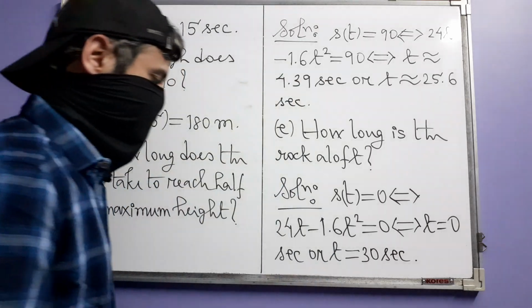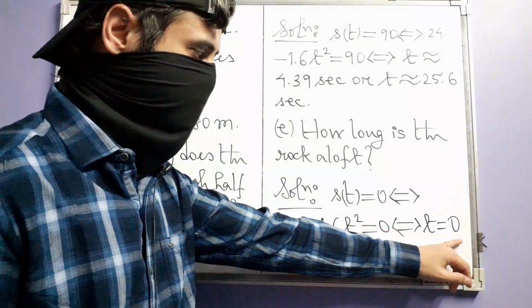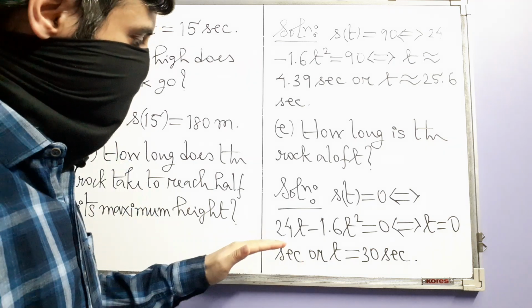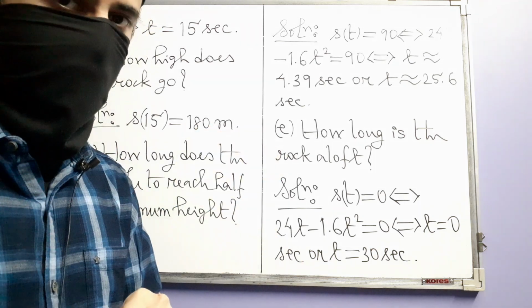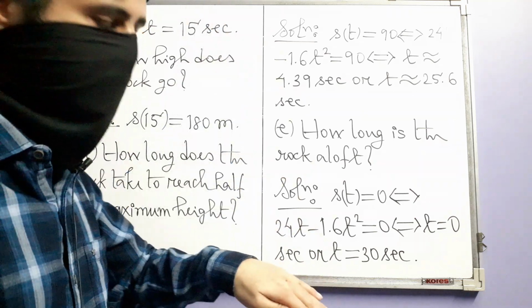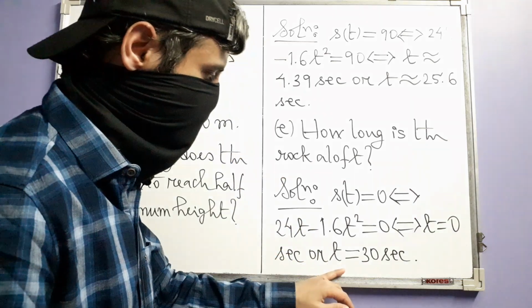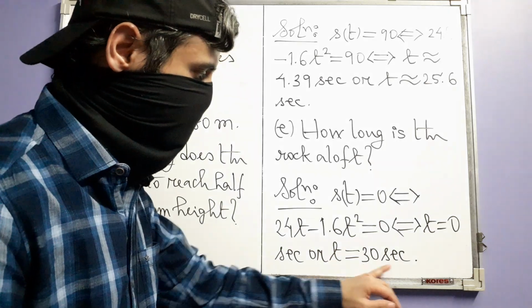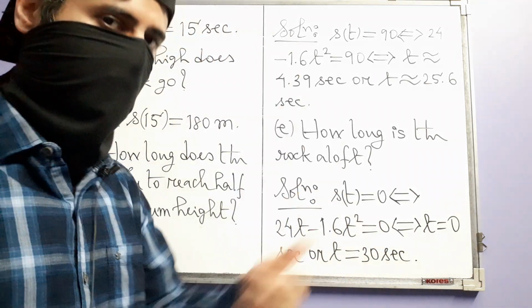And these two times indicate, you see, t equal to 0 is the instant when it did not actually leave the ground. So that was the start of the journey. At that point there was no displacement, and then when again it came back to that same position, again there is no displacement. So in total it takes 30 seconds for the rock to make the complete journey.